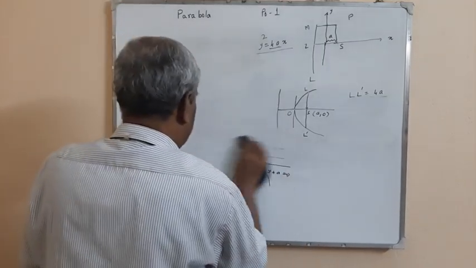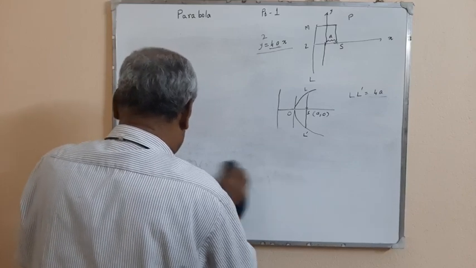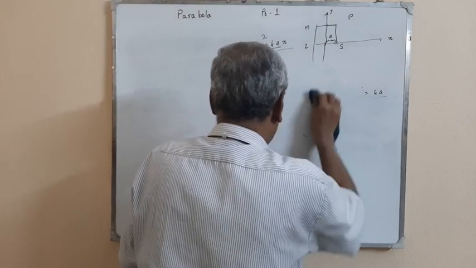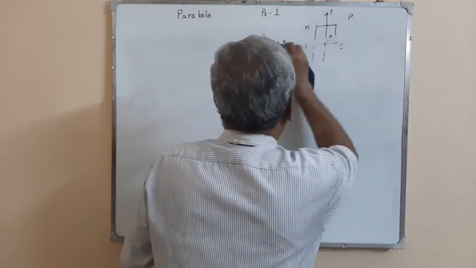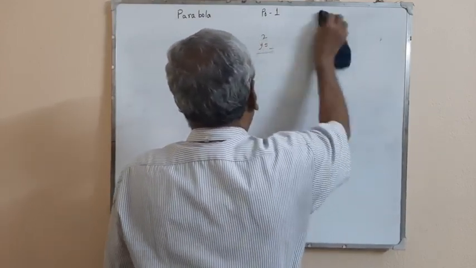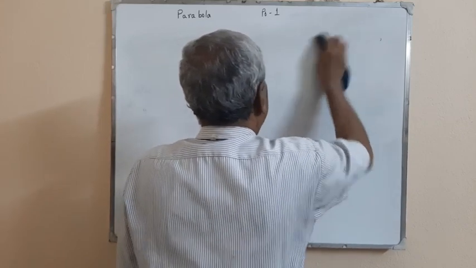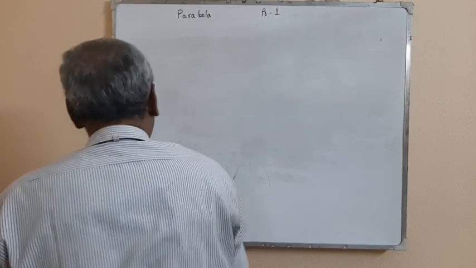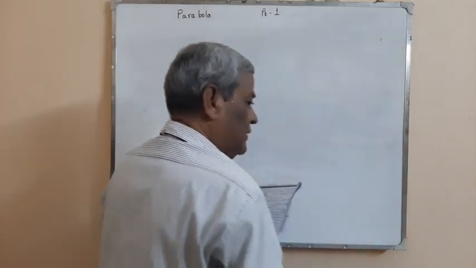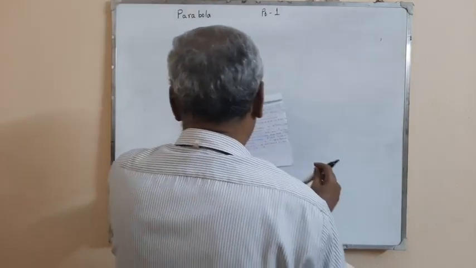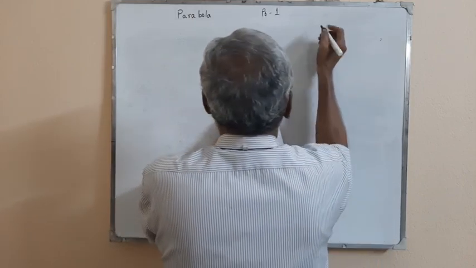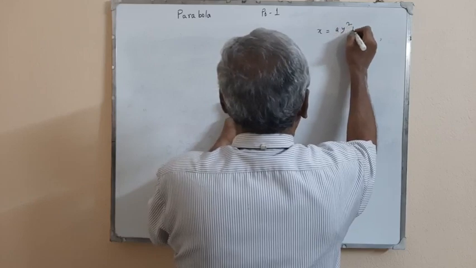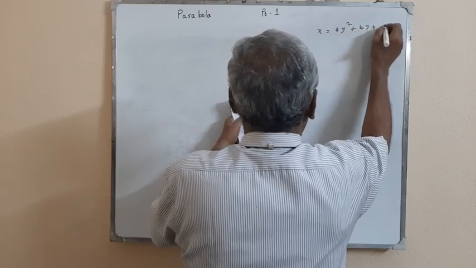Next, in our present syllabus, we have to face two more types of equation. For a parabola whose axis is parallel to the x-axis, its equation will be x = ay² + by + c.